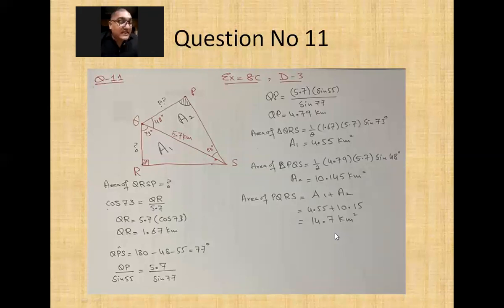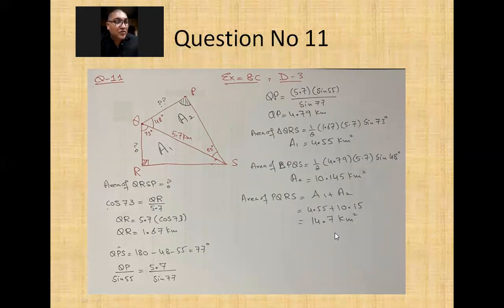You can see that diagram, but I will read the statement of the question from the book. It says, in the figure, PQRS is a nature reserve. A 5.7 kilometer long walkway connects Q to S. So the length QS is basically 5.7 kilometers. It is given that the angle QRS is 90 degrees.